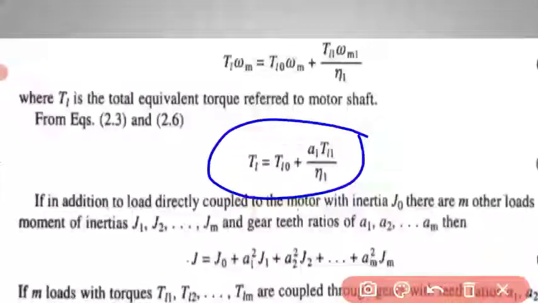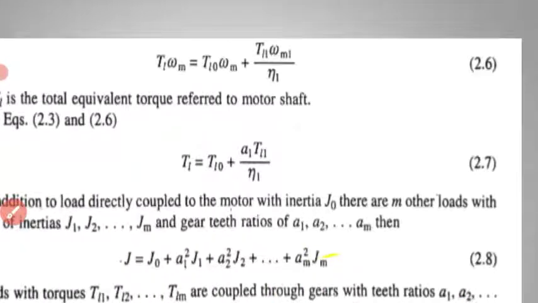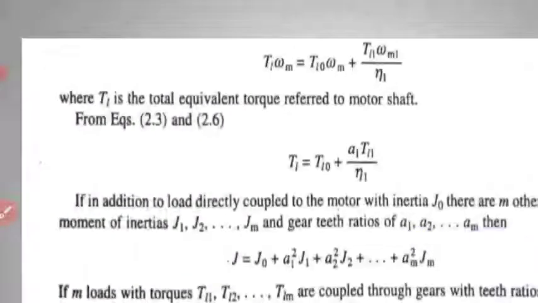Right. Now, if in addition to the load directly coupled to the motor with inertia J naught, there are m other loads with moment of inertia J1, J2 till Jm, and gear teeth ratios of A1, A2 till Am.